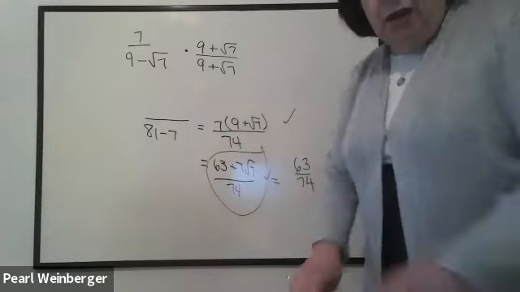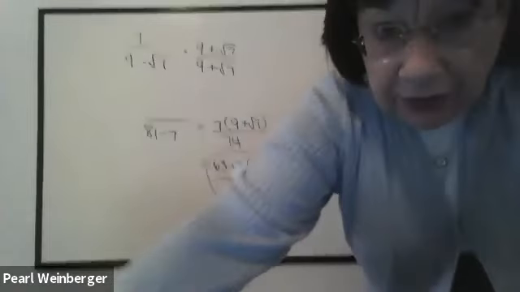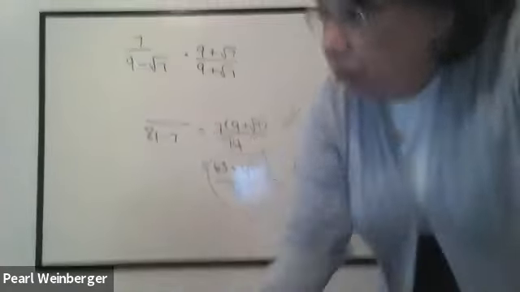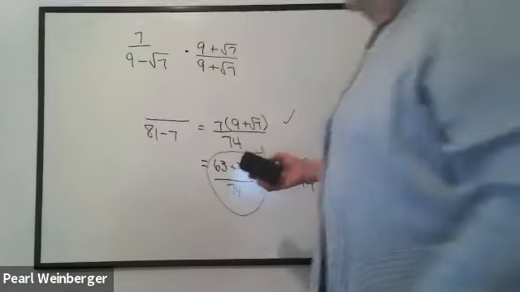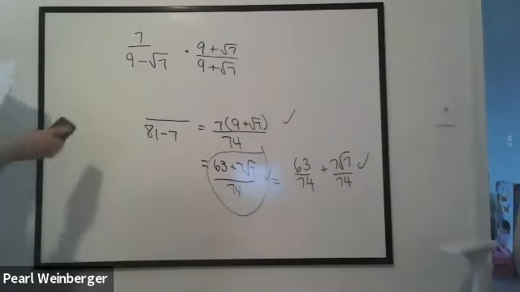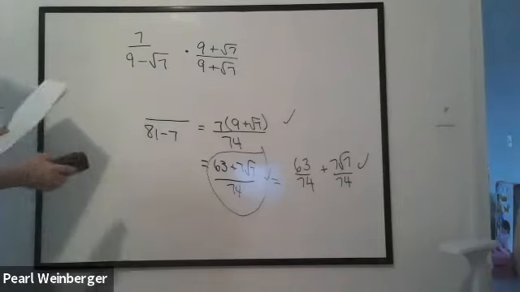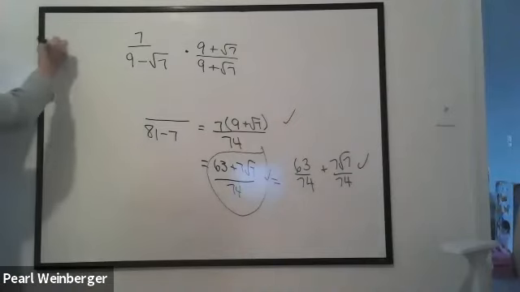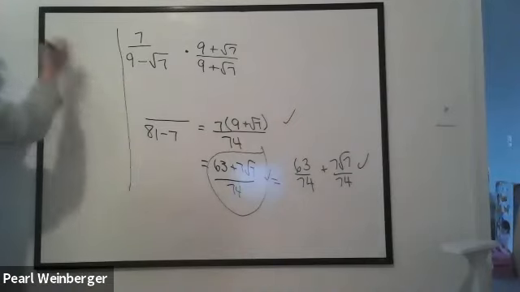You ready to try it on your own? Any questions about that? Okay, so let's see if we can do a problem. Let me give you a problem for you to try on your own. I'll leave this on the board and write the problem over here. Again, I want you to rationalize the denominator.